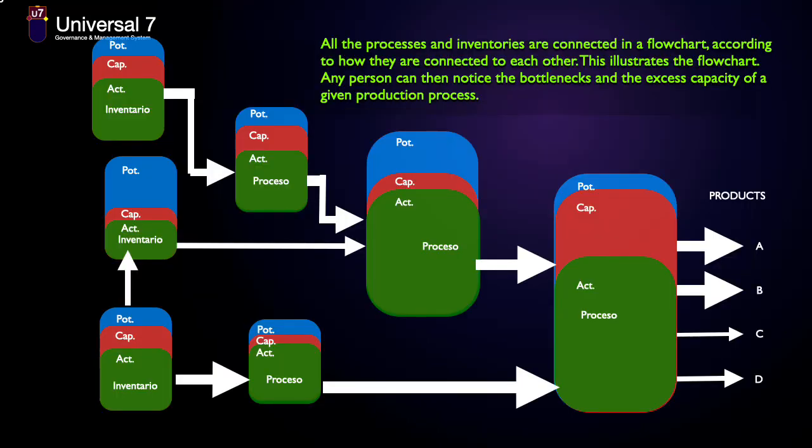All the processes and inventories are connected in a flowchart according to how they are connected to each other. This illustrates the flowchart. Any person can then notice the bottlenecks or an excess capacity of a given production process.